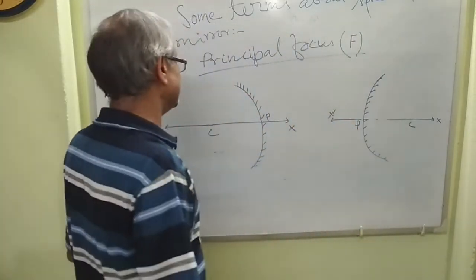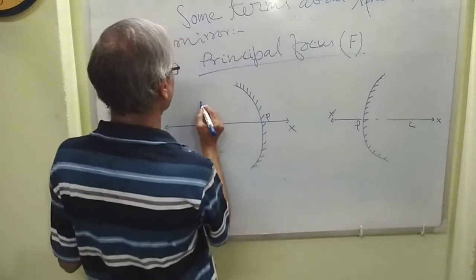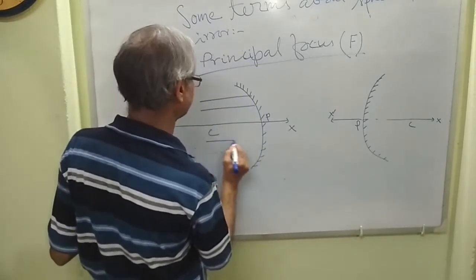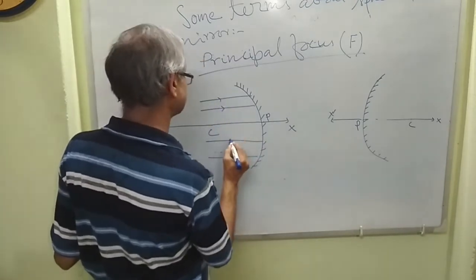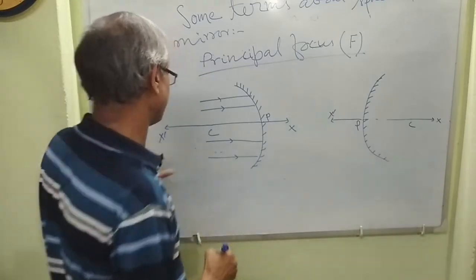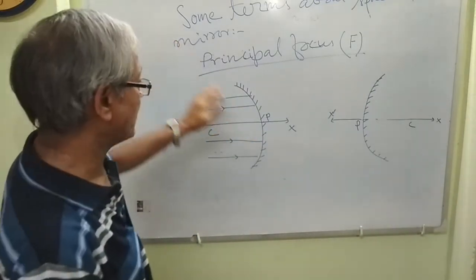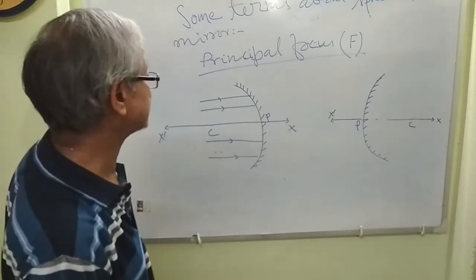Now, if a parallel beam of light rays are incident parallel to the principal axis on the reflecting surface of a mirror, here on the reflecting surface of a concave mirror.